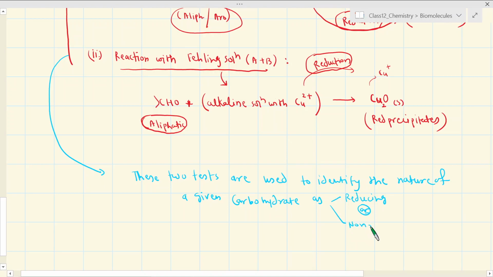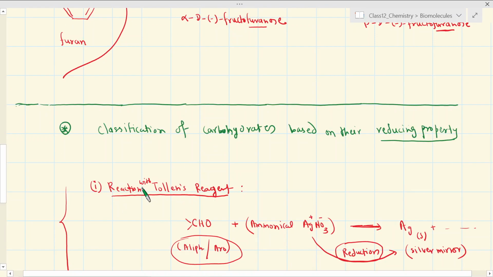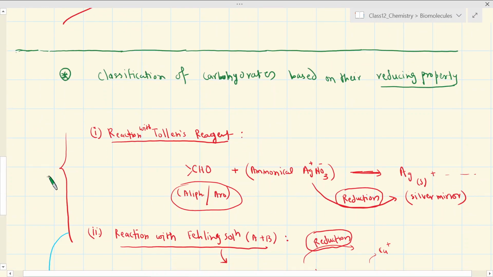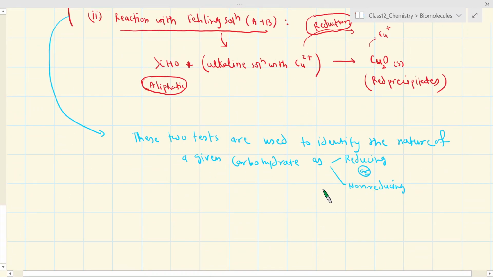Right now, if a sugar reacts with this, we will classify that as a reducing sugar. And if some sugar doesn't react or doesn't give these tests, we will classify it as a non-reducing sugar. So this is another way of looking at all carbohydrates or sugars as reducing and non-reducing sugars, because it is a very quick test and helps us identify a certain property of the given carbohydrate in the laboratory.